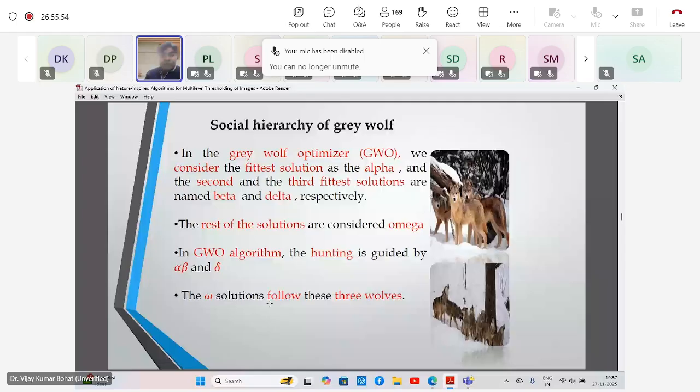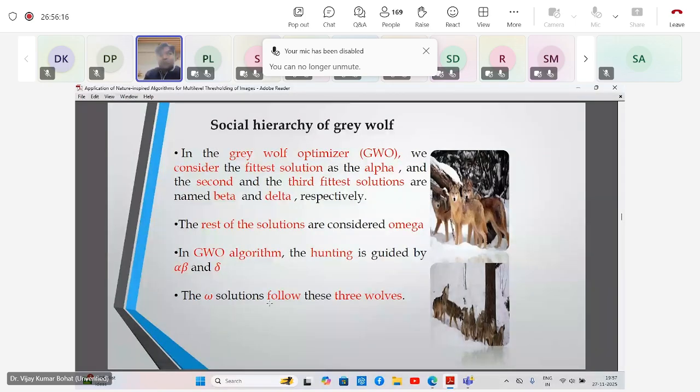Alpha, beta, and delta. When Professor Mirjalili made this algorithm, he gave weightage to alpha, beta, and delta, and did not consider the omega wolf in the main equations of the algorithm. Suppose we generate a population size of 30 in this optimization algorithm.